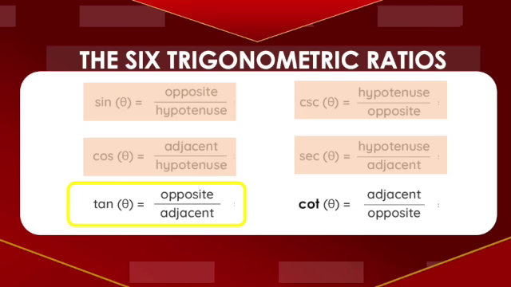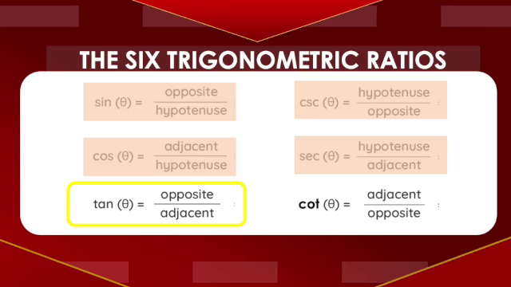We can type 1 divided by tangent to figure out the cotangent value. But since we don't want to have difficulty typing in the calculator, we need to look for a trigonometric ratio that is also available here. And that is tangent. So, gagamitin natin si tangent, which is opposite over adjacent.